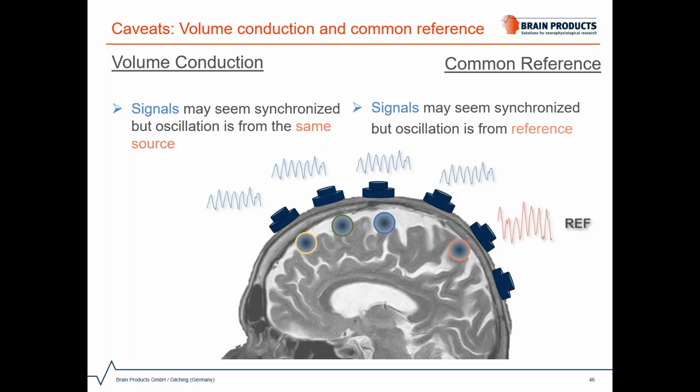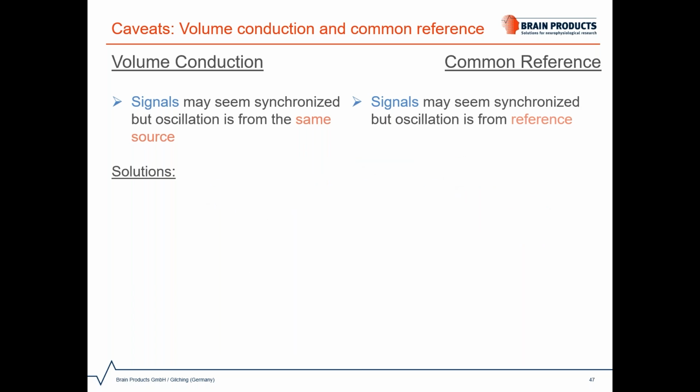Similarly, if the common reference picks up a prominent oscillation, this oscillation will be mixed into all other channels, and then this oscillation may emerge as synchrony between those channels. Both are major problems in connectivity analysis on the sensor level. The consequences of them, as well as approaches to avoid spurious connectivity, are subject to a large body of research.